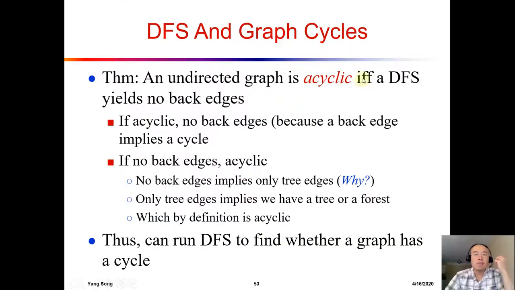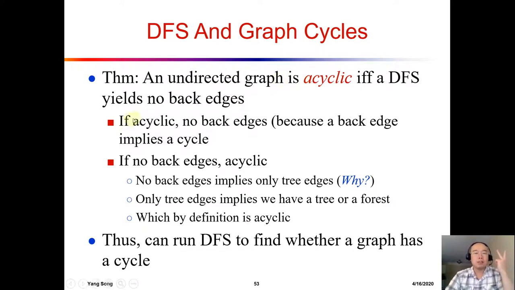It is if and only if the DFS says all the edges are tree edges, with no back edges. Of course, because we are doing the DFS on an undirected graph, there won't be any cross edges or forward edges.